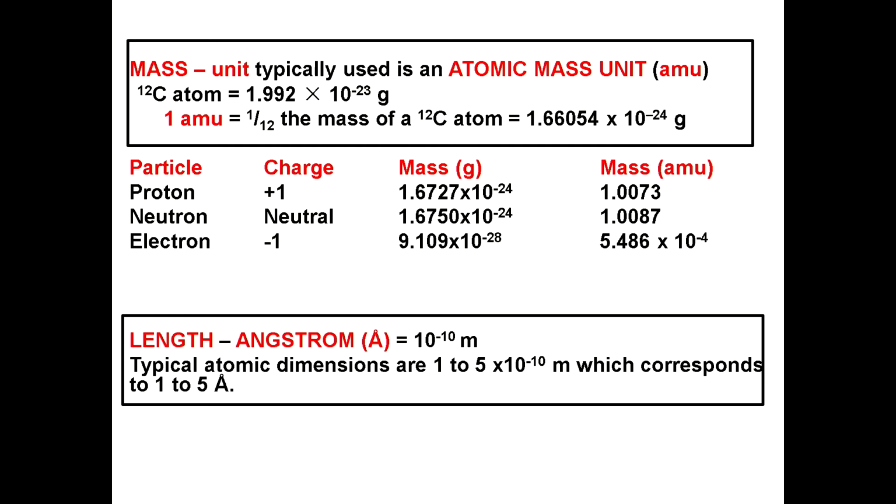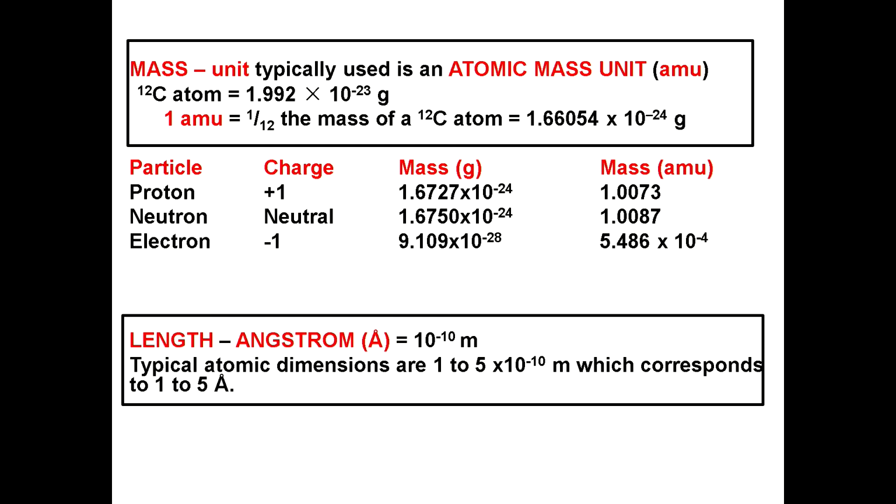So from here, how many AMU does carbon have? 12. Yes, 12. Because 1/12 the mass of carbon is 1 AMU, of course carbon has 12 AMU.